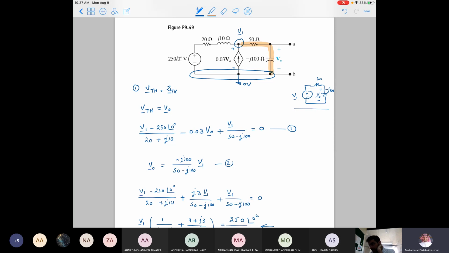An alternative approach is you try to find the short circuit current, and from the short circuit current you can take the ratio of the Thevenin voltage over the short circuit current, and this will give you the Thevenin resistance or Thevenin impedance.